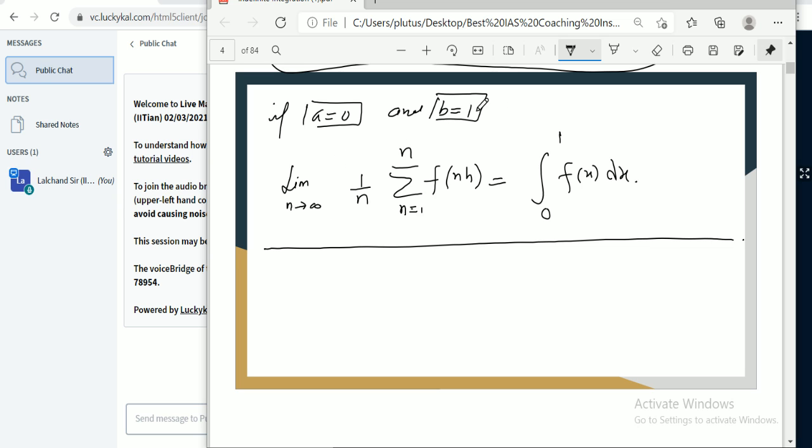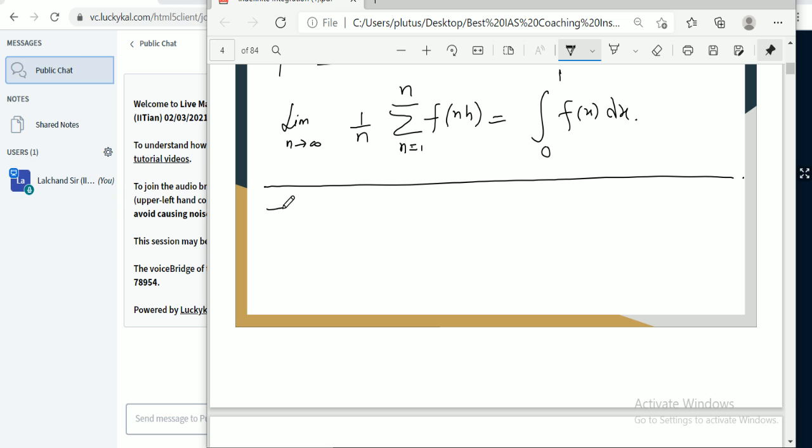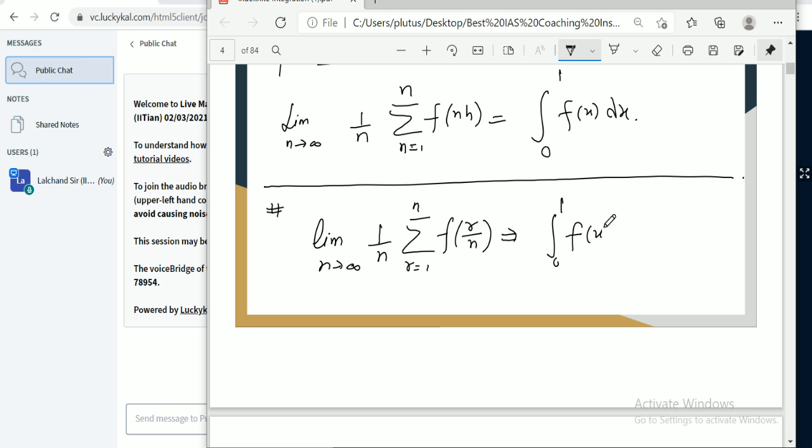So this is the kind of equation we are going to use to convert a sum into an integral, or sometimes a limit into an integral. If we are given the limit as n tends to infinity of 1 by n sigma of f of r by n, where r goes from 1 to n, we can convert this into an integral equal to 0 to 1 of f(x) dx.